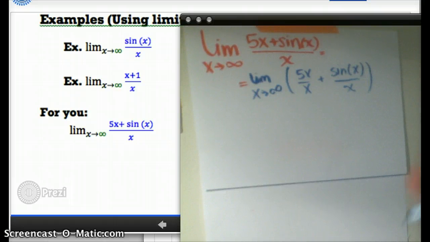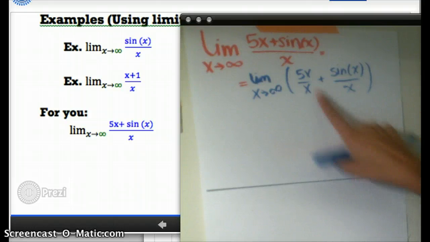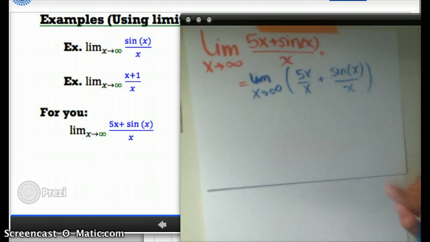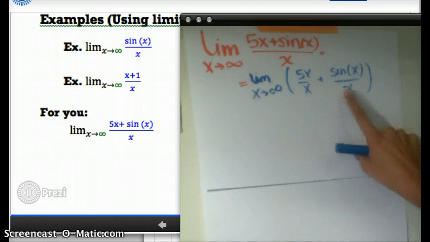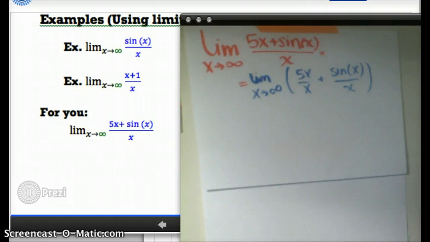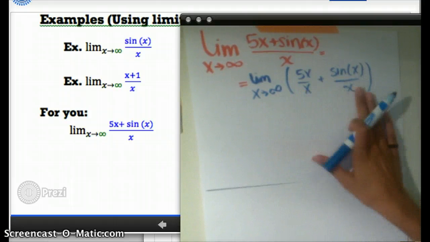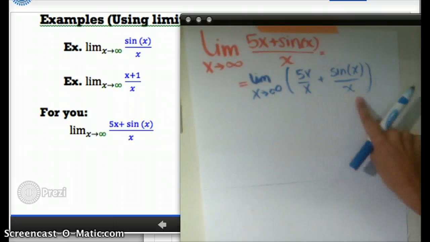Now, if I were doing the problem solving activity, I would then reflect, does this look like it helps me or not? On the one hand, maybe it looks a little more complicated, but on the other hand, I start to recognize this, and that looks familiar to me. So usually it's a good sign when you start to see things that are somehow familiar. Now, before I can split this into two limits, I need to confirm that both of these limits exist.